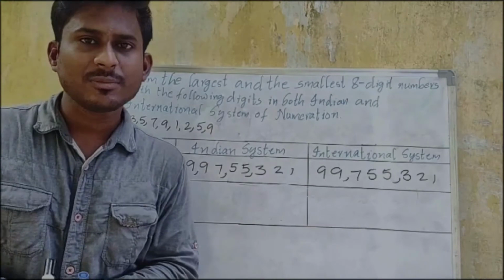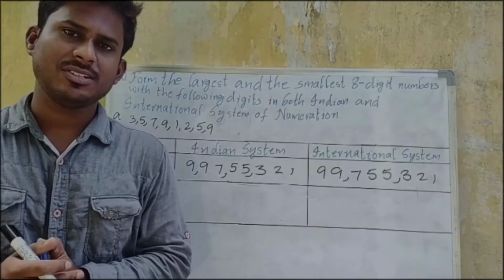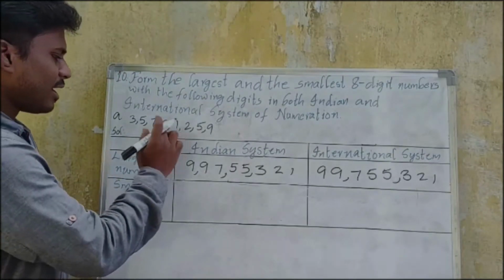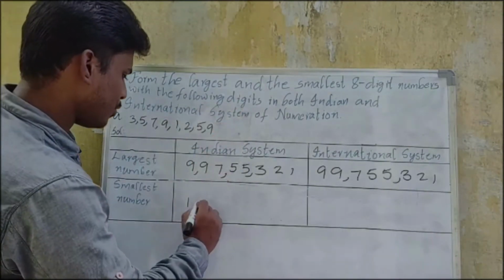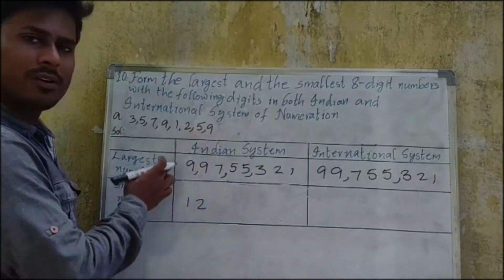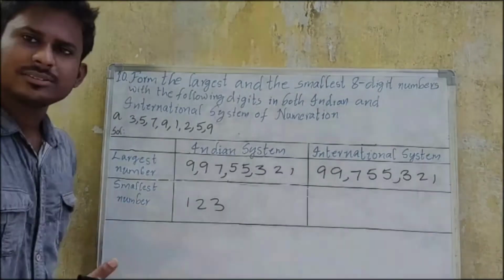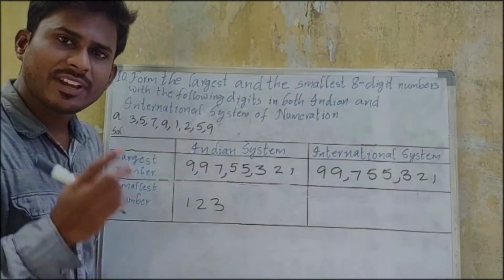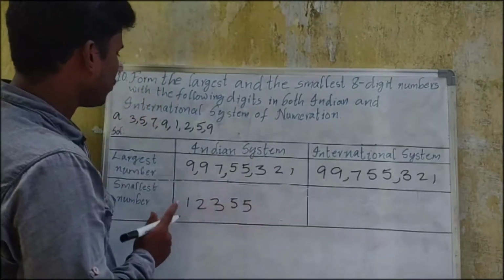Now let us form the smallest number. Smallest number is nothing but ascending order, from small digit to larger digit. What is the smallest digit here? 1. Next, a bigger number, 2. After 2 comes 3. Then after 3 comes 5, and we have 5 2 times. So let us write 5 2 times.